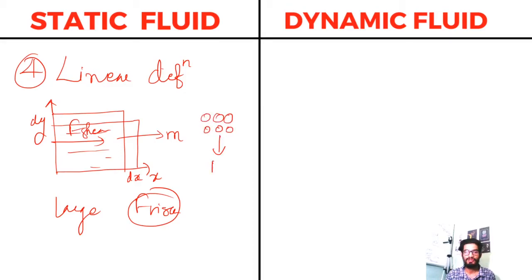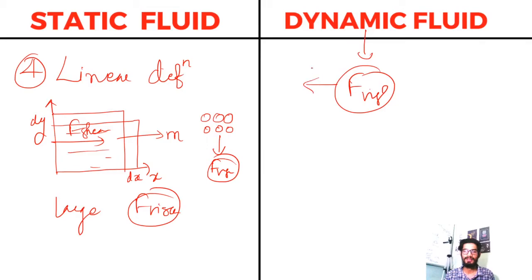That means there is zero viscosity, or you can say viscosity does not exist. And in dynamic fluid, because of the viscosity, there is a viscous force which acts against the shear force. So the deformation will be lesser in the case of dynamic fluid.